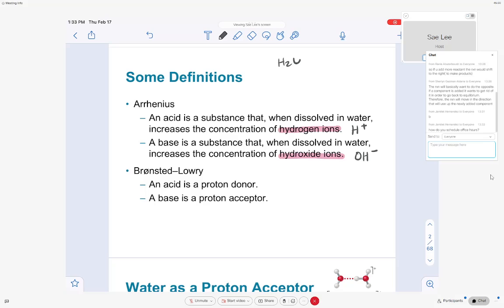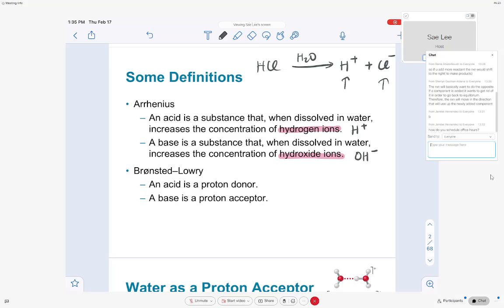For example, if you dissolve hydrochloric acid in water, hydrochloric acid will dissociate and produce hydrogen ion and chloride ion.